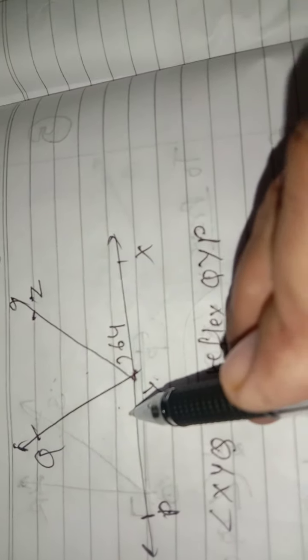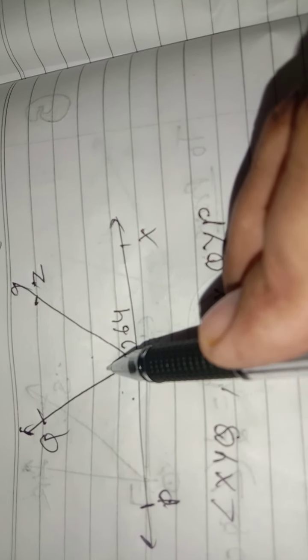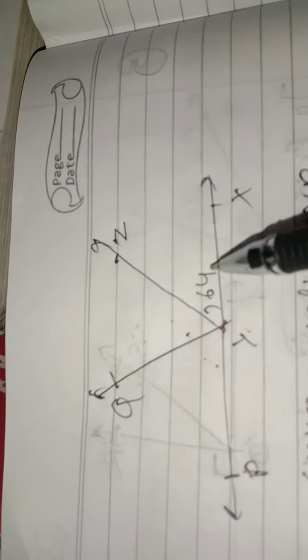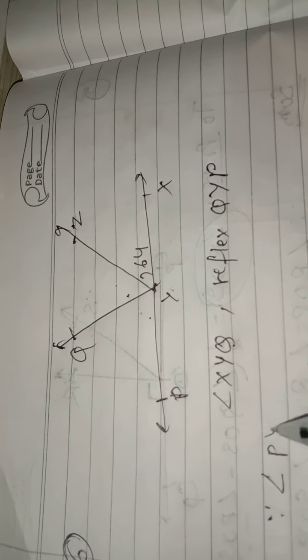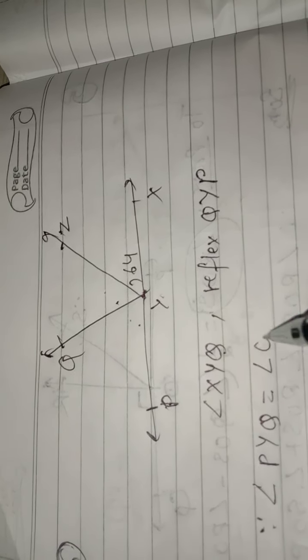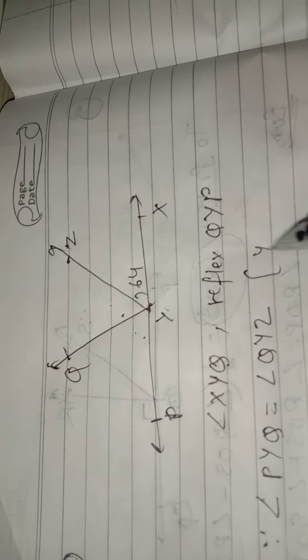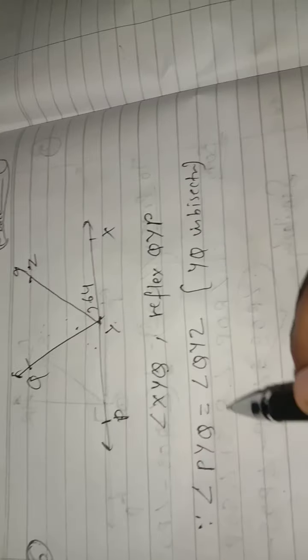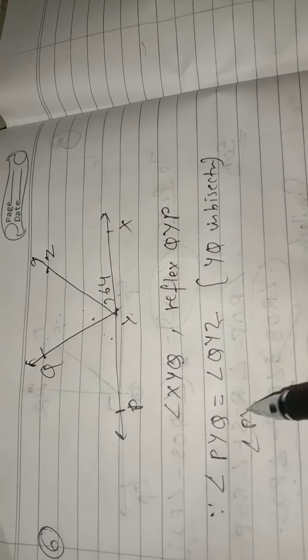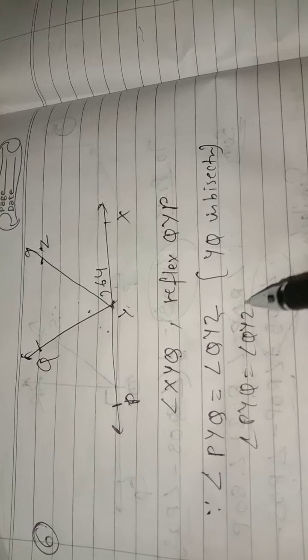What are the things I need now? If I am taking this x and x, after getting x and x, what will the value here be? I will write 2x. Since angle PYQ is equal to angle QYZ, why? Because YQ is the bisector. So therefore angle PYQ is equal to angle QYZ is equal to x.